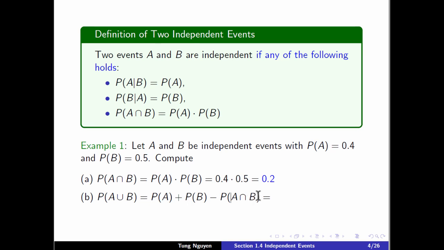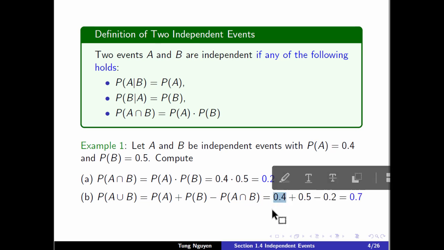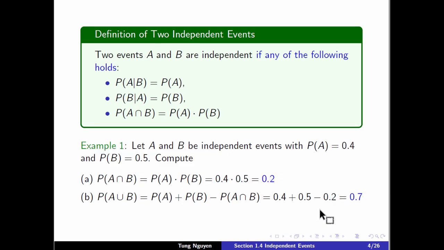All of these three probabilities are now known. Probability of A is 0.4, probability of B is 0.5, and probability of the intersection between A and B is 0.2, which we just found in the previous question. So we have 0.4 plus 0.5 minus 0.2, which is 0.7.